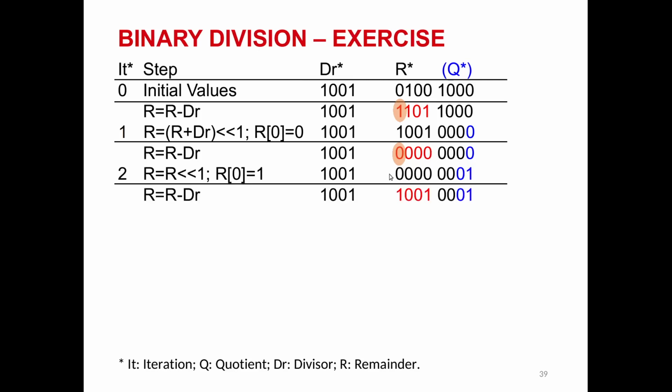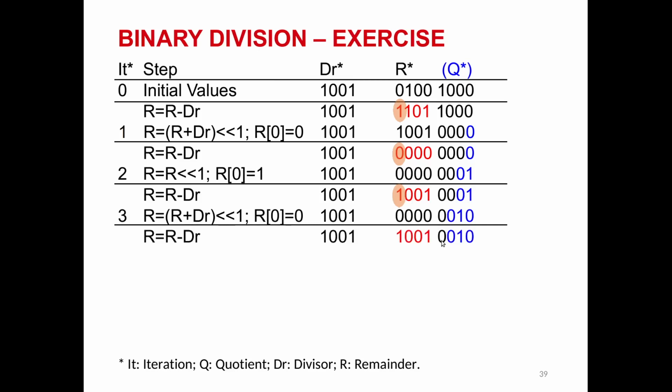We take this value of r minus dr. We have a negative value here, and so we need to reverse it back to the previous value, which is this one, and we will put one more 0 at the end for the result of the equation, and so we have 0 1 0 for the equation, and the remainder will be all 0 here.